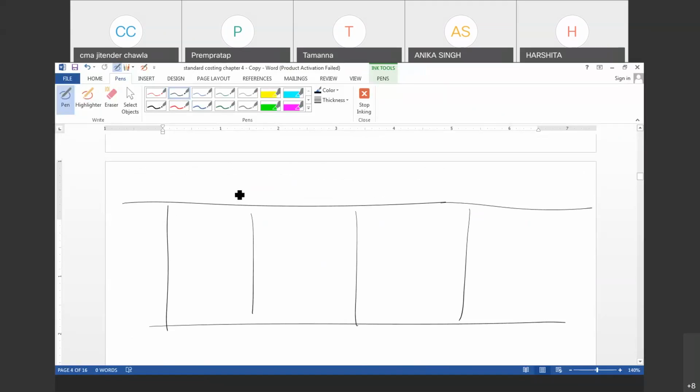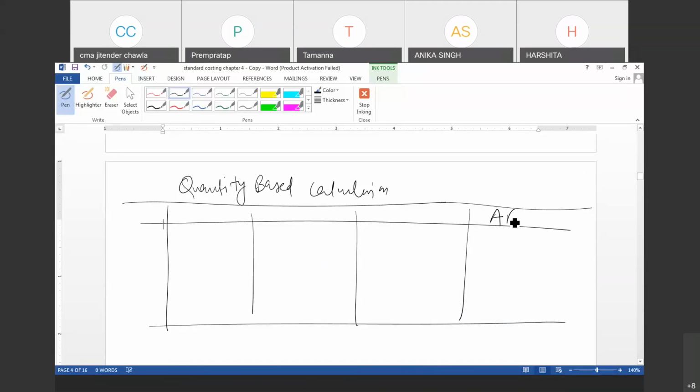Please, what is my heading now? Heading is quantity based calculations. Now this is actual rate into what? AH or AQ now? This is SR into BQ.